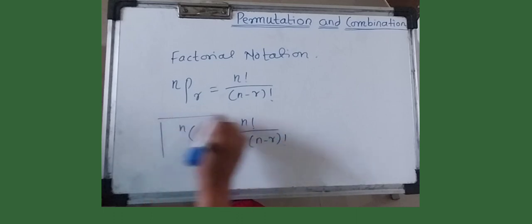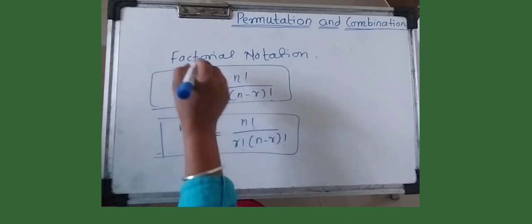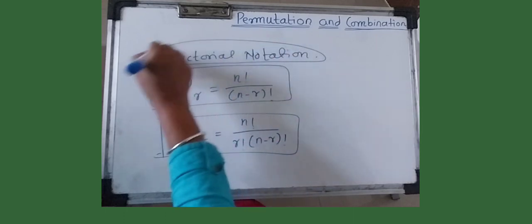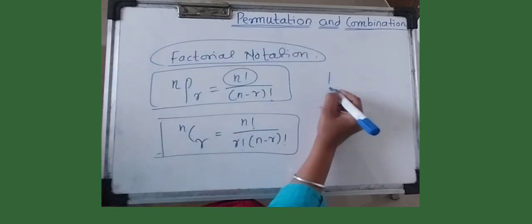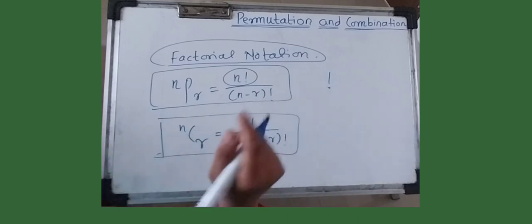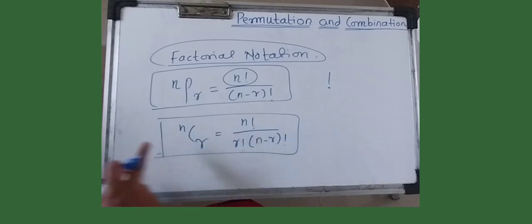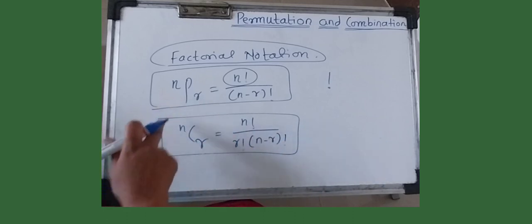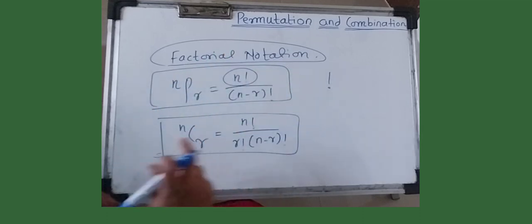These are the formulas. We'll see later on. But before that, what is the factorial notation? Okay, this is the factorial notation, n factorial. This symbol is used for factorial notation and how to find the factorials. Okay, before starting the permutation and combination, we see how to find the factorials of the numbers.